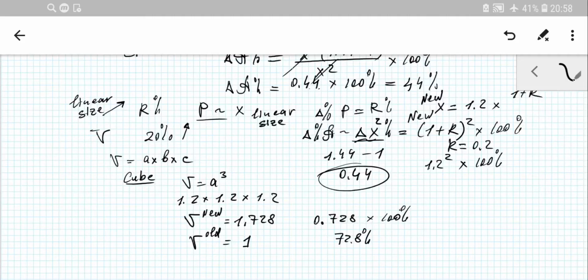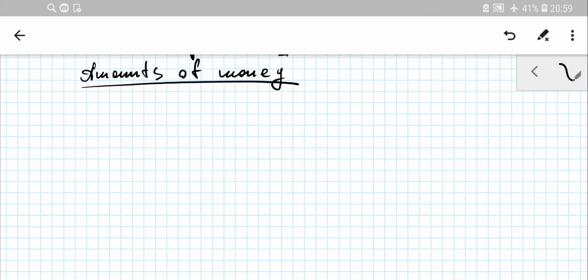Okay, so what we can also do: let's say we have some table and some data in the table. Let's take amounts of money, so that's again percentages. You've got, let's say, $10, maybe let's take $30.